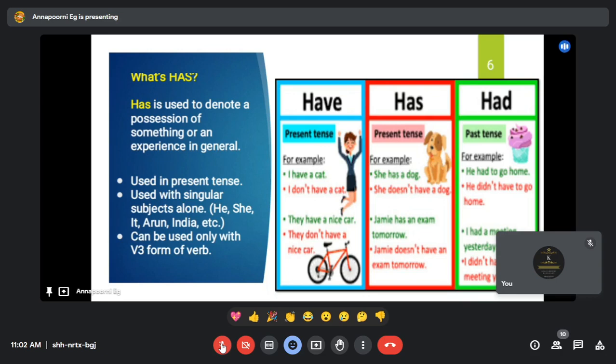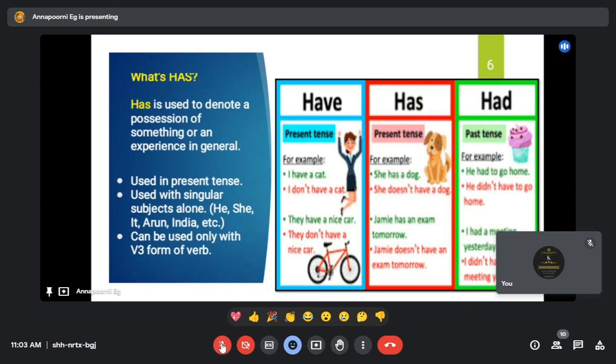Then there is one more quality for has. Has can be used only with the V3 form of the verb. Do you know what the V3 form is? Every verb has four forms: V1, V2, V3 and V1 plus ing form.